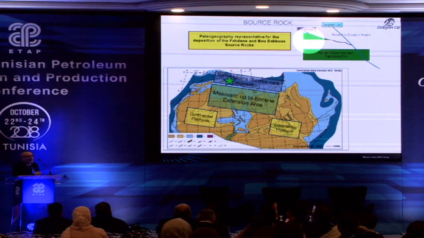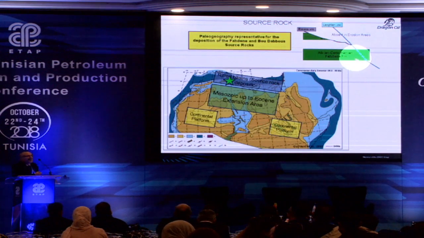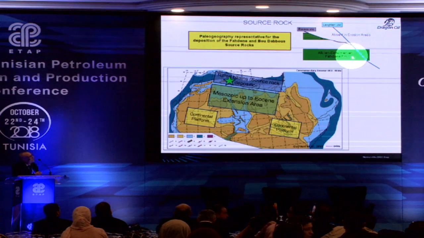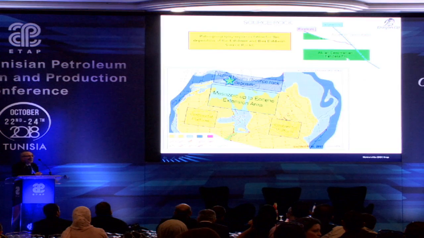But the Langian unconformity still goes down and cuts into the Faden and Albion source rocks also. So in this area, the juxtaposition of the Faden source rock with the Miocene reservoir will be the point where we can have expulsion and migration of the hydrocarbon generated from the Faden source rock.